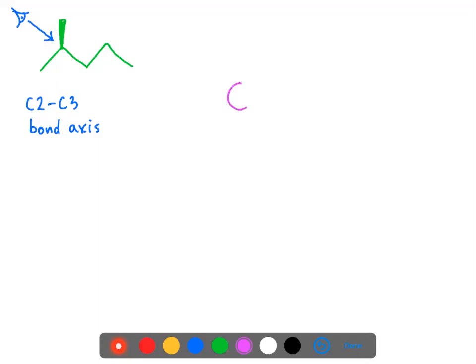I like to start by drawing a circle to represent the carbon in back, and then identify the groups that are attached to the carbon in front. We have a methyl group that is straight down, and we have a methyl group that's coming towards us, which will be on our right. And what's not being shown is the hydrogen that will be to the left on our Newman projection.